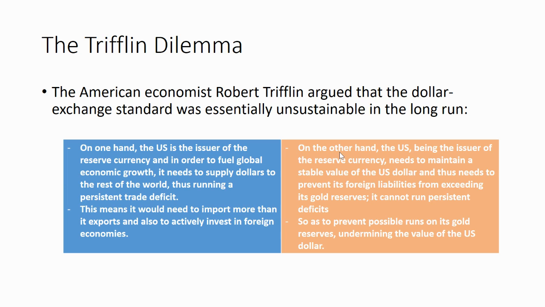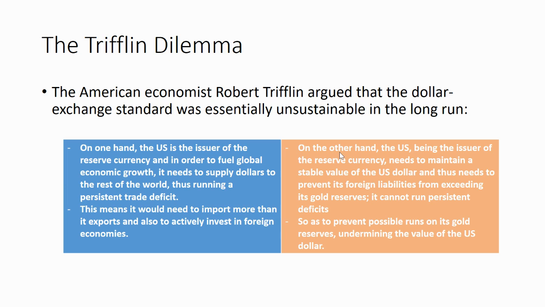It needs to import goods and services from the rest of the world. It buys from Japan, it buys from Germany, and in the process, it returns to these countries dollars. So essentially, it's exporting US dollars to the rest of the world. This means that it needs to import more than it exports, sustain a persistent trade deficit, and also actively invest in these foreign economies.